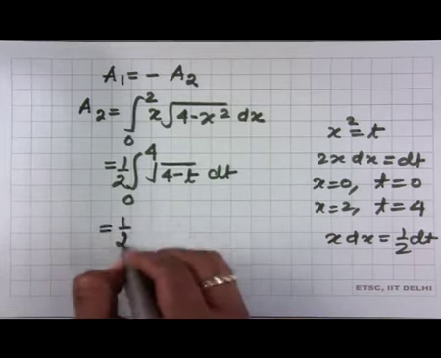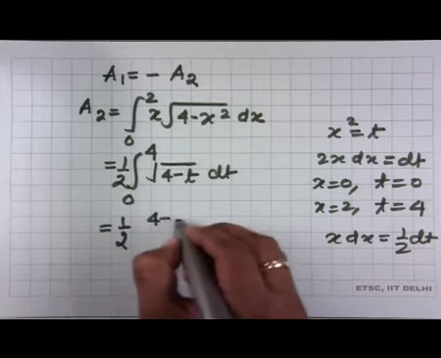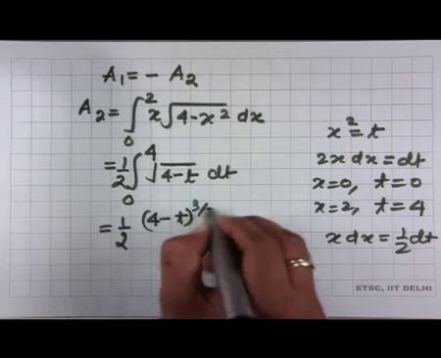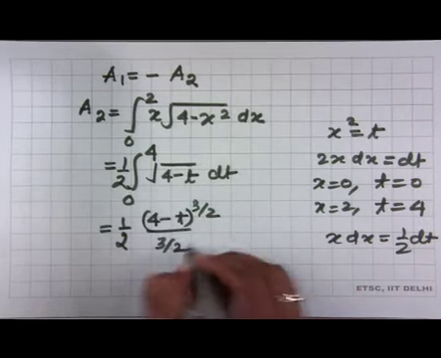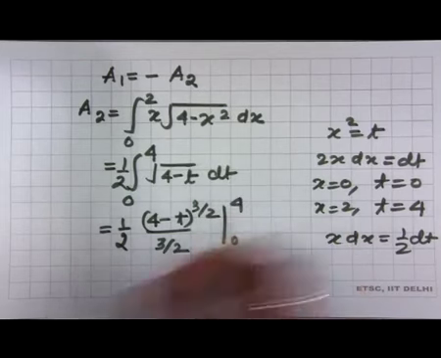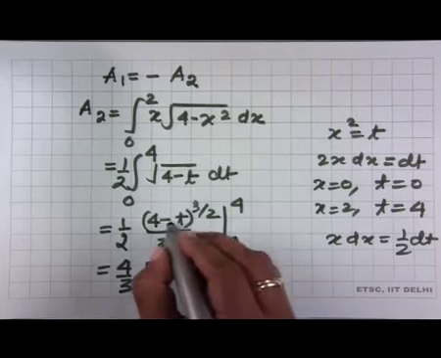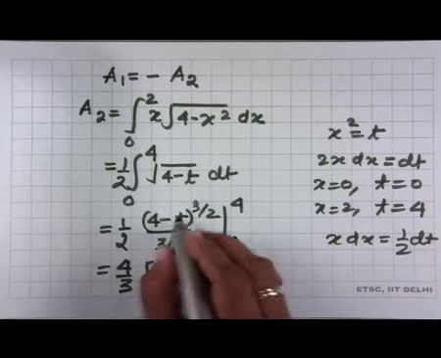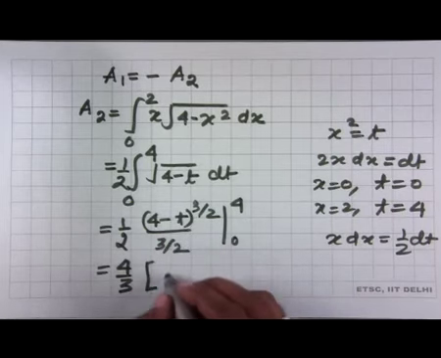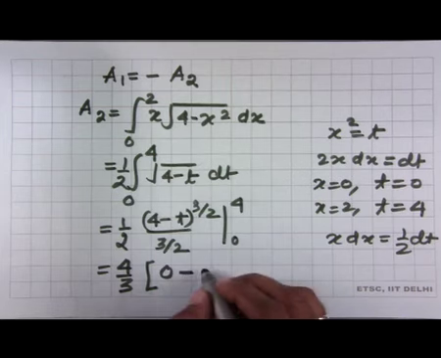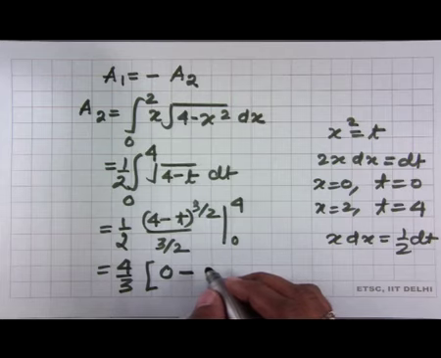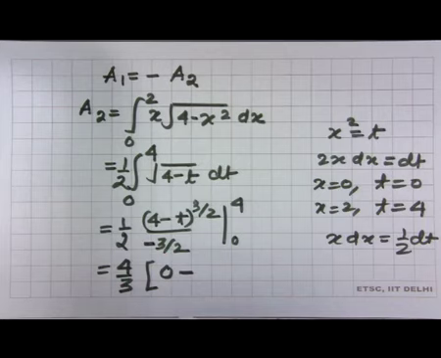The integration will be, from 0 to 4, 2 by 3 times 4 minus t to the power 3 by 2, with a minus sign as you have minus t here.